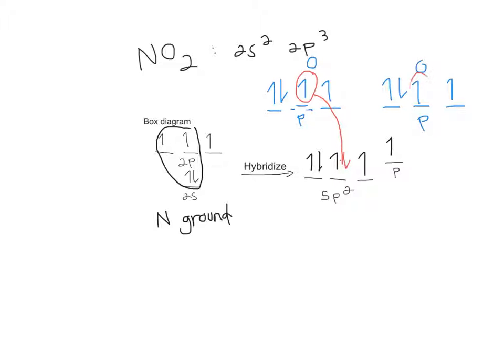And this one is going to come down here. This one is going to come down here to bond, to form the double bond with the p orbital. And now you'll see how we have a lone pair up here in the p orbital.